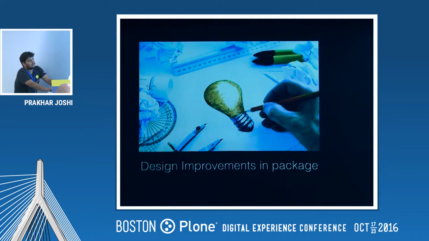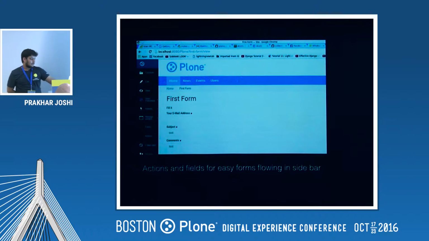Yeah, so when I was working on those test cases, there were a lot of improvements in the design. Let's say you can see these fields and actions. I can't show you. These fields and actions are hanging around in the sidebar randomly without any icons. These are for easy forms, so this is not a good design.